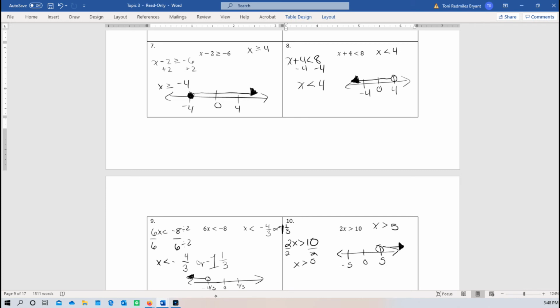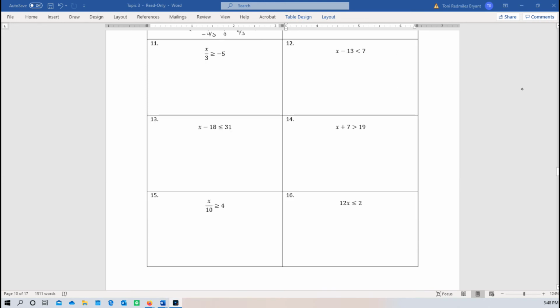All right, I'm going to pause and put up the next set. These are the last 6, okay? So I'm just going to put up the answers real quick. Go ahead and check yourself.